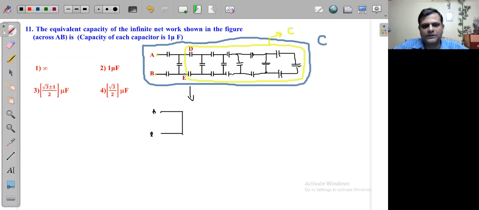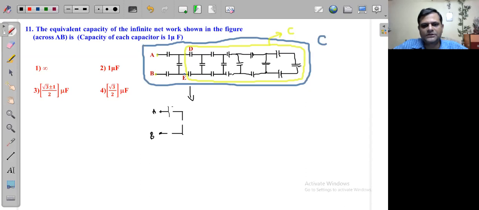Okay, this is going to be the point B here, and there are 3 capacitors. Which are, one is connected at this point here, one is here, and one is here, like this. So we can just draw them here.